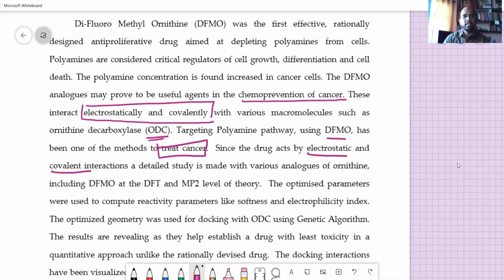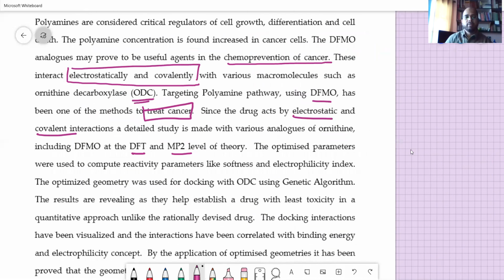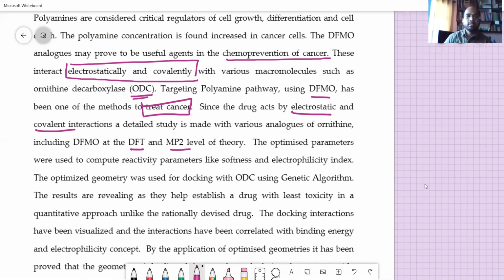Details are given for various analytes. Okay, so we have done the DFT and MP2 level. This is ab initio and this is semi-empirical, and a comparison was done to find out what effect is evident from these bindings. Okay, and then the genetic algorithm was used in the docking software, and the quantitative approach was done.